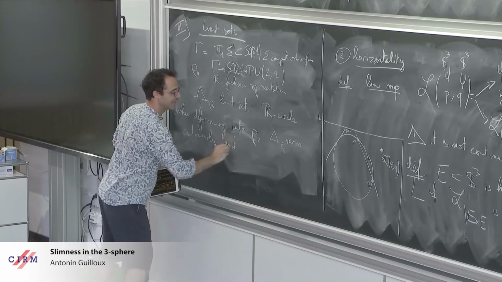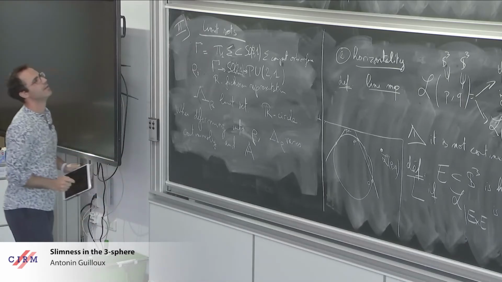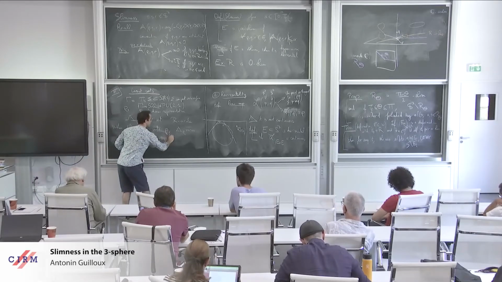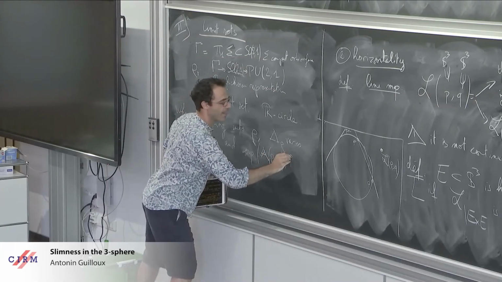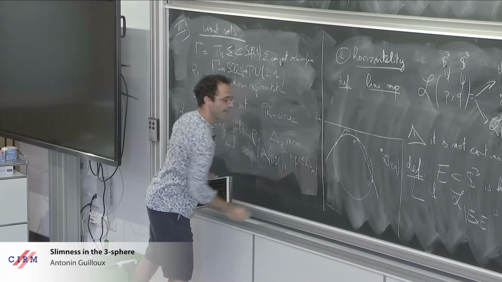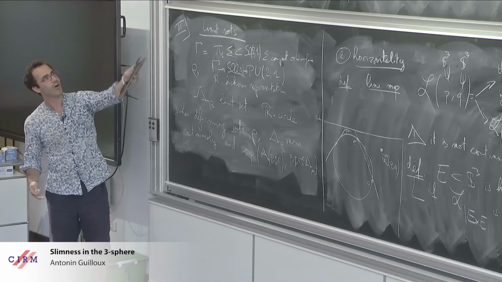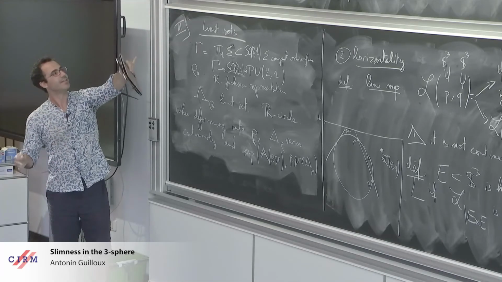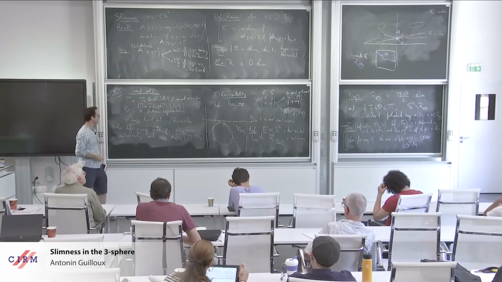And the supremum of all these Cartan invariants, I can look at all the Cartan invariants and the supremum, or in this case the smallest alpha, the infimum of the set of alpha for which we are slim.